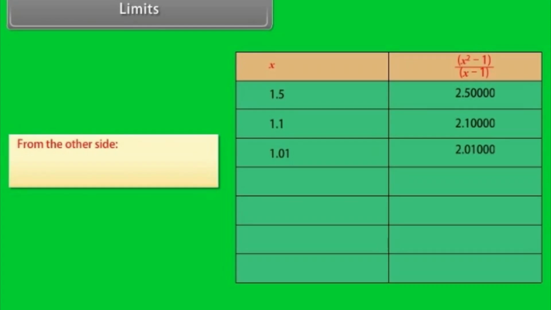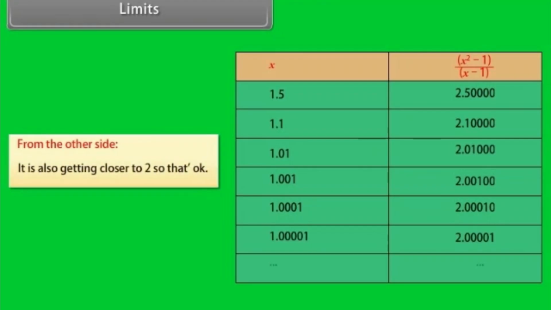For x is equal to 1.001, the value is 2.00100. For x is equal to 1.0001, the value is 2.00010. For x is equal to 1.00001, the value is 2.00001, also heading for 2.